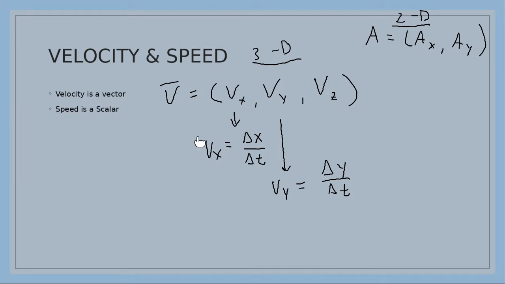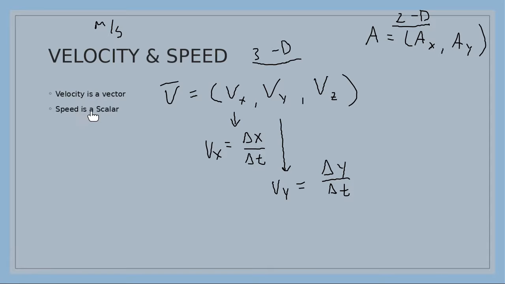So still nothing too new yet. Velocity is basically the displacement divided by the time. Makes sense, especially if you think about the units for velocity being meters per second. So we've got meters over some time, so this is delta x in meters divided by the change in time.